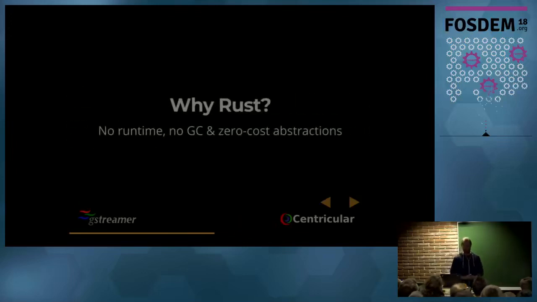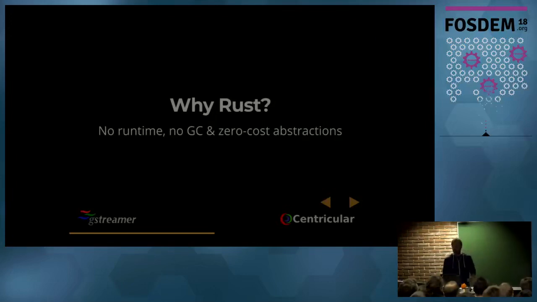And similarly, Rust is perfect in the context of GStreamer because it does not have any runtime, it does not have any garbage collection, and well, the keyword: zero cost abstractions, because our goal is to run on everything from low power embedded systems where you can't really afford a big runtime or a garbage collection, up to anything that is huge.